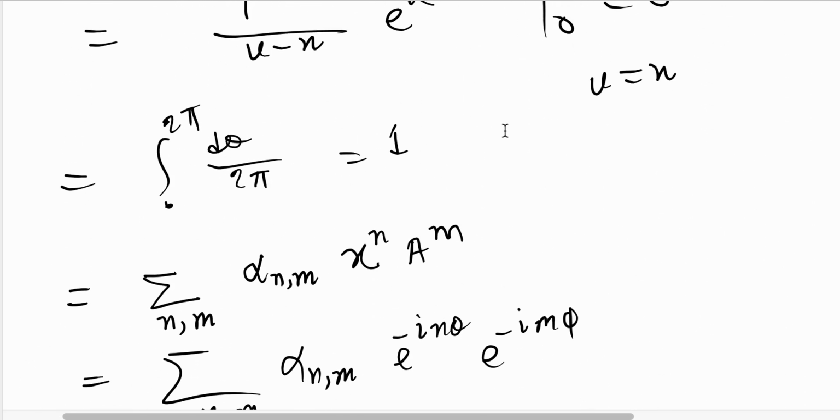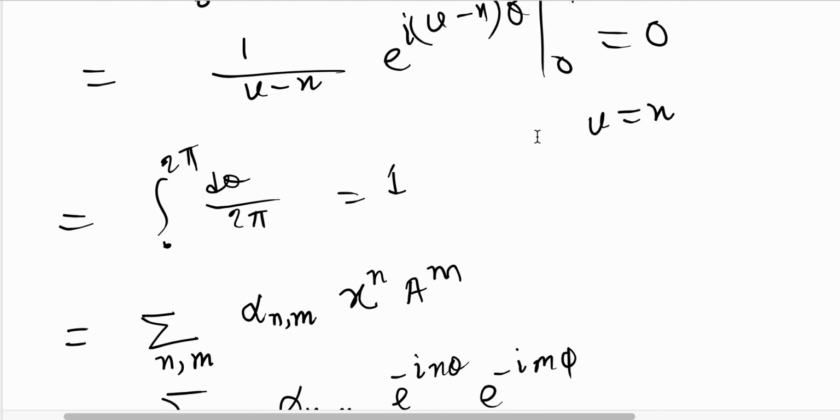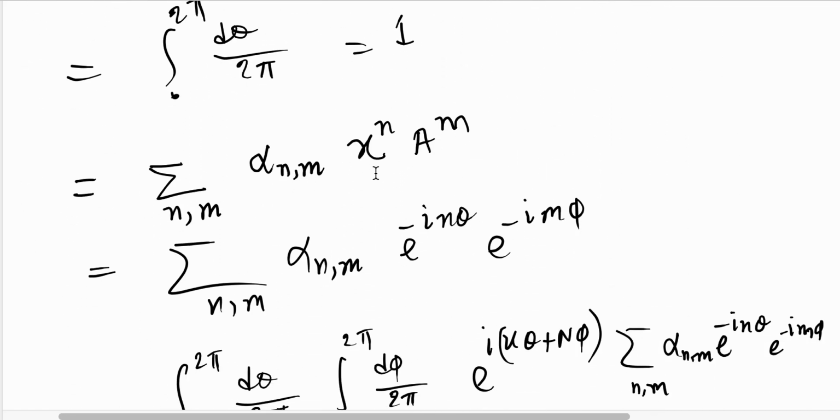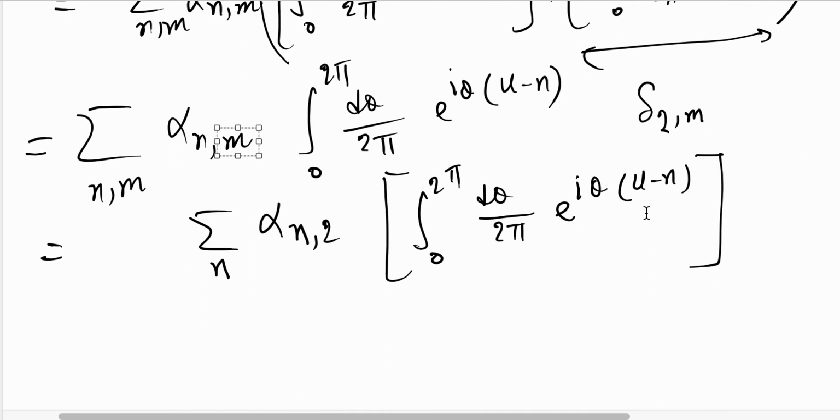Power of a means e to the power iφ. So m is the power of a, and from here we see that only the power 2 actually survives. All the other terms are 0 because of this integration.